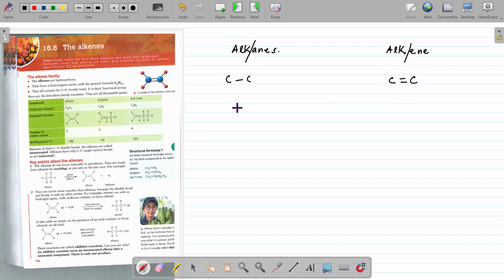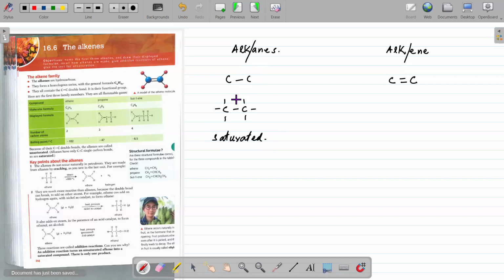So let's take one example. If we talk about a member of the alkane series in which all the carbons have single bonds with each other, remember that we named these types of compounds, in which every carbon is making four single bonds, saturated.